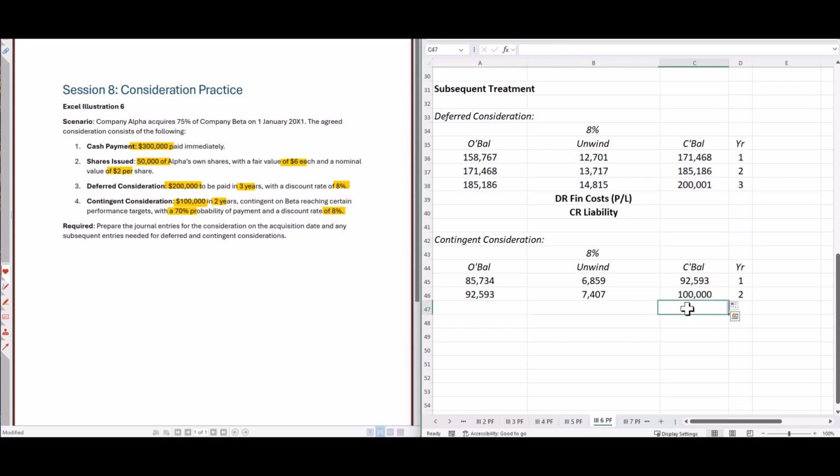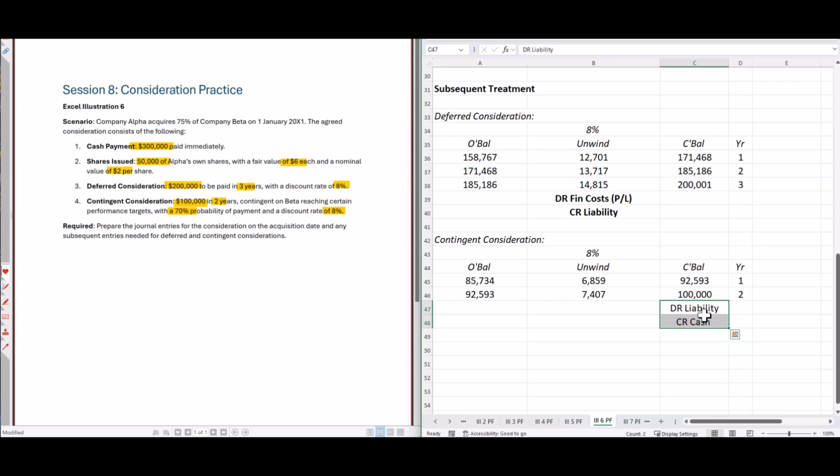And just thinking about that, when you actually pay that, what will happen is that you will debit the liability and you will credit cash when it's paid. Okay, so when it's paid, those would be the entries to get rid of the liability.